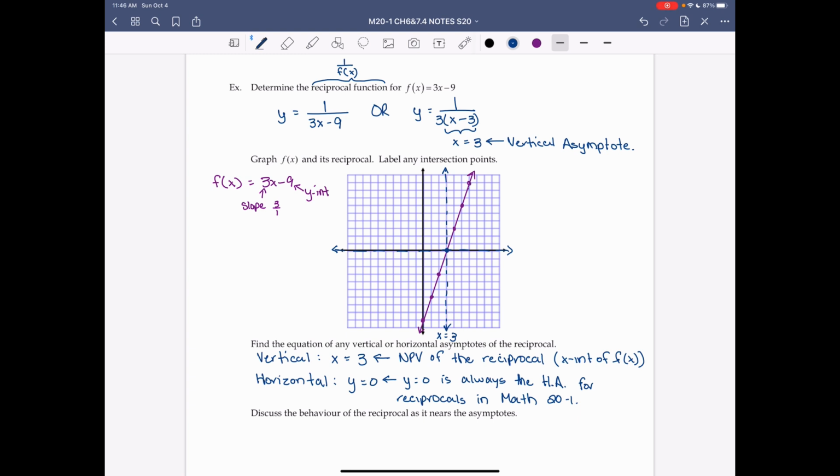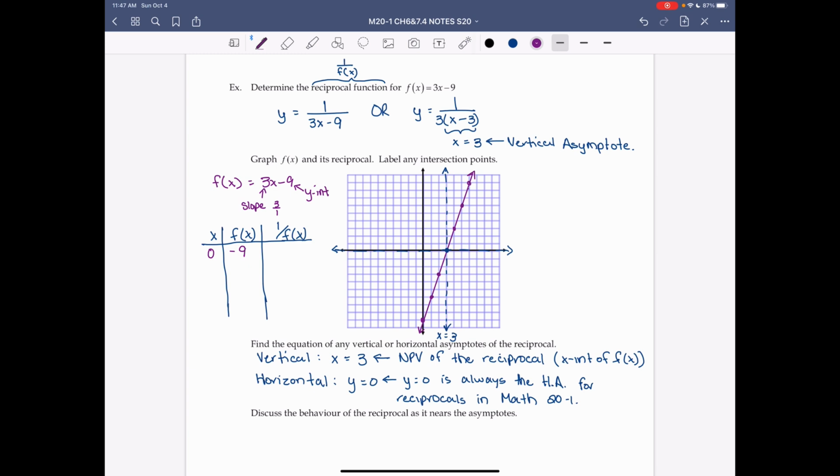Let's plot some points. I'm going to make a table of values to help me plot some points. Okay, so I know that at x is 0, y is -9.